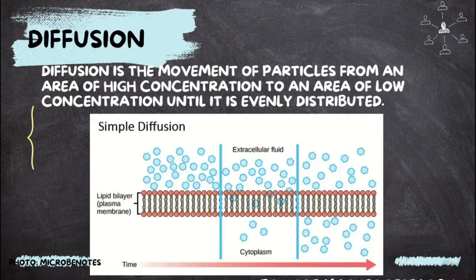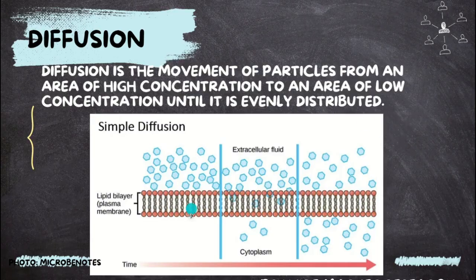Now, if you were talking about facilitated diffusion, the whole point of facilitated diffusion is that the cell needs help, right? So for example, there is a molecule, maybe glucose, and glucose can't come across because it is not able to pass the hydrophobic tails, right?